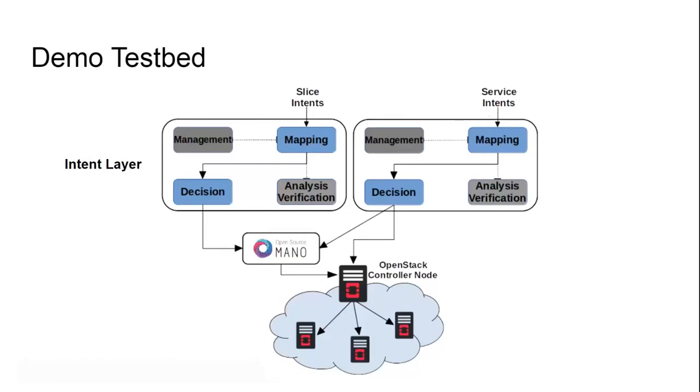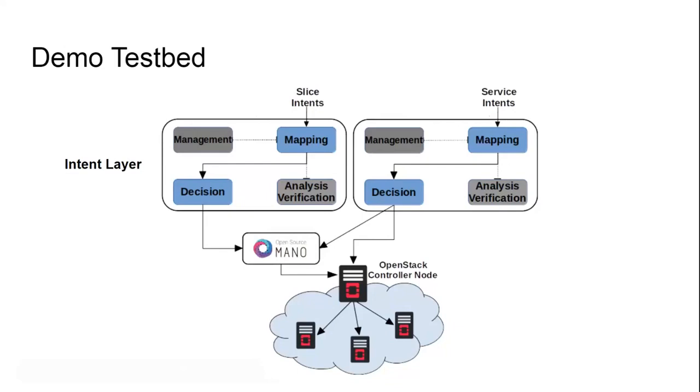So taking the values inside the JSON and trying to map them directly onto the resources available on OSM or on the OpenStack below. As you can see, the slice intent interacts only with the NFV MANO, which in this case is made through OSM, which is ETSI's open source solution for realizing the NFV MANO.